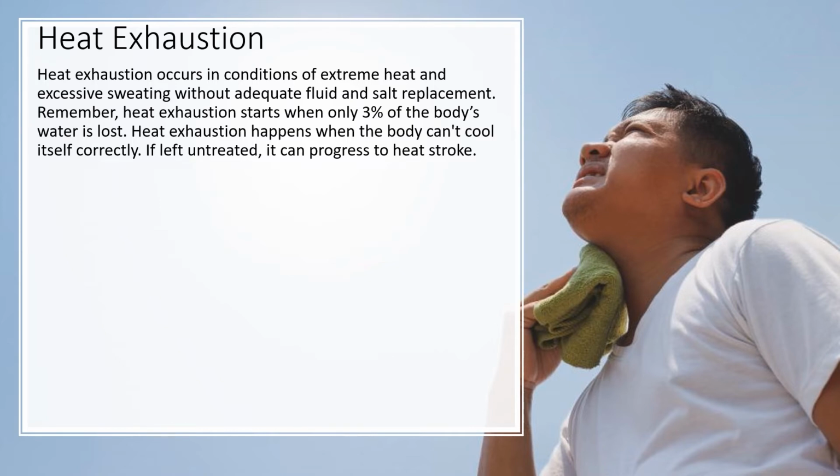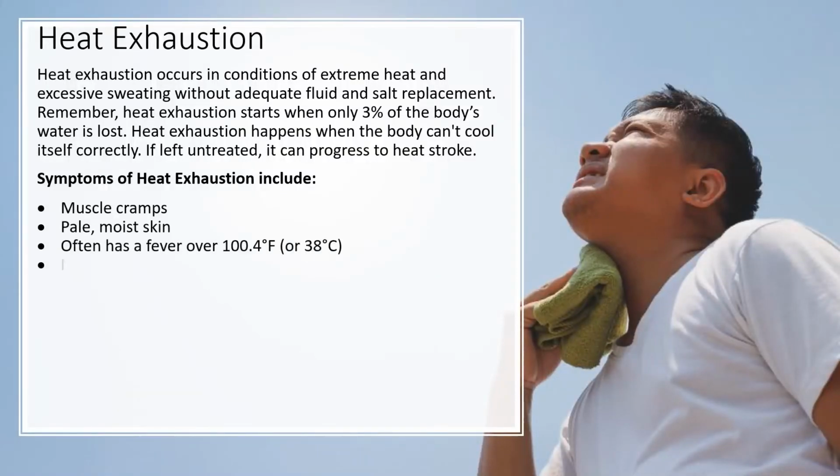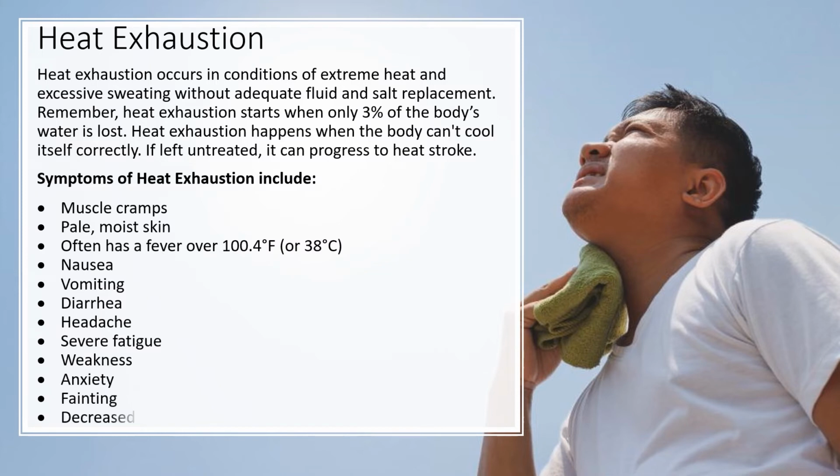If left untreated, it can progress to heat stroke. Symptoms of heat exhaustion include muscle cramps, pale moist skin, fever over 100.4 degrees Fahrenheit, nausea, vomiting, diarrhea, headache, severe fatigue, weakness, anxiety, fainting, and decreased urine output.